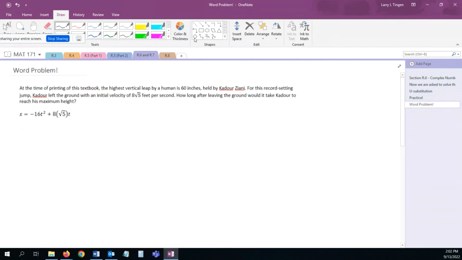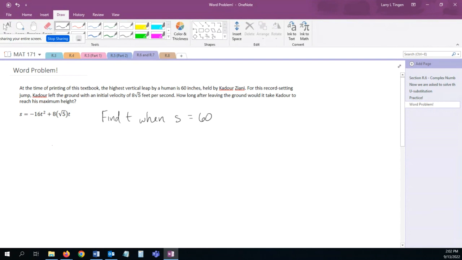So what do I know for my application here? Well, I want to know when, and when is T. So I'm asking you to find T when S is equal to the maximum height. Well, they told us in the problem the maximum height is 60 inches. So when is S 60? Okay.